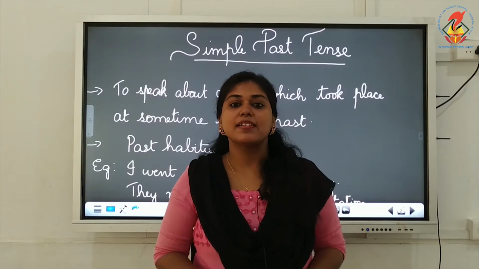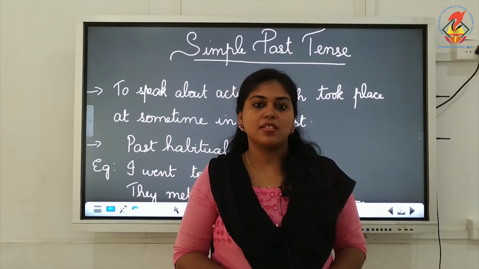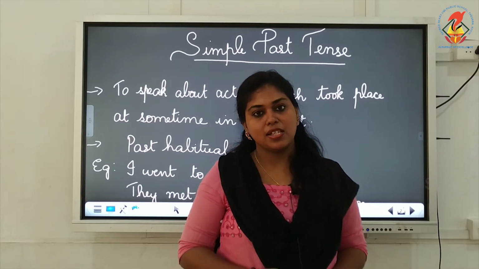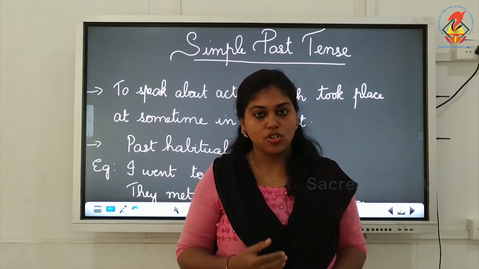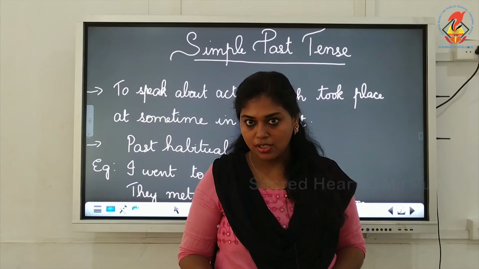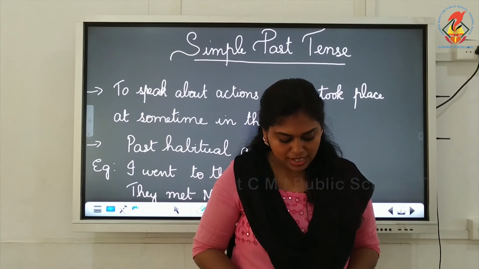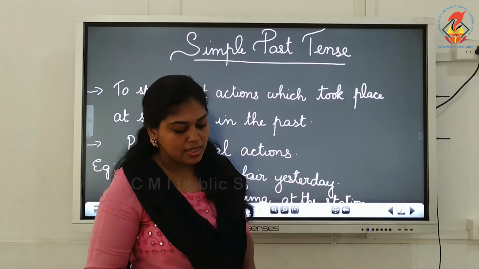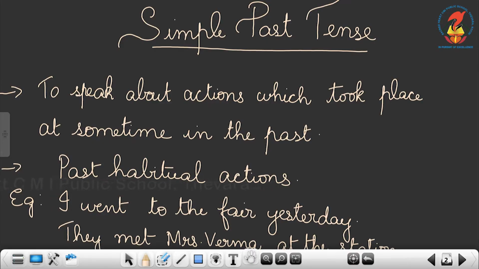When do we use simple past tense, or what do you mean by simple past tense? We use simple past tense to express actions which took place in the past, or a completed action. In your textbook, in the yellow box on page number 88, it is given: the simple past tense tells us about actions which took place at some time in the past.